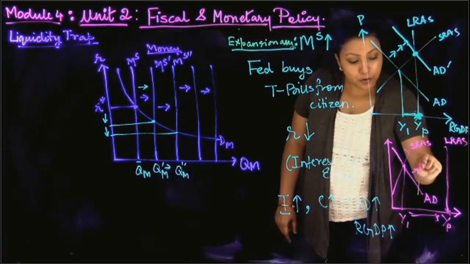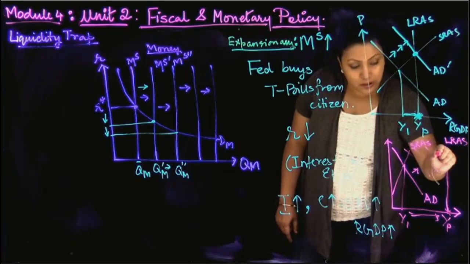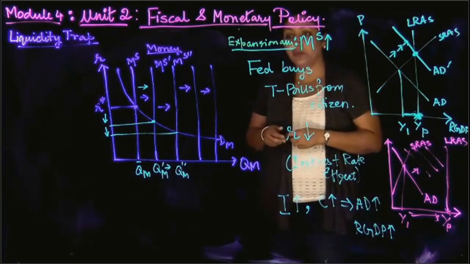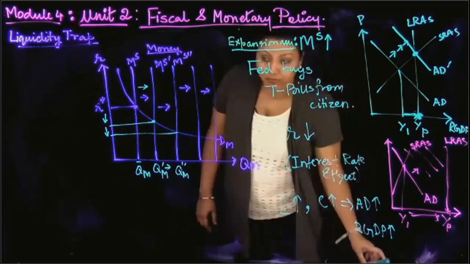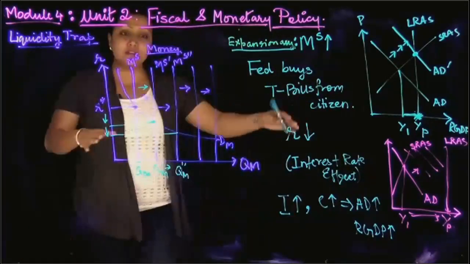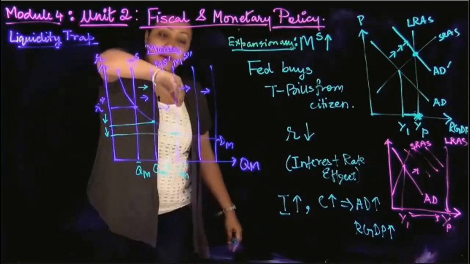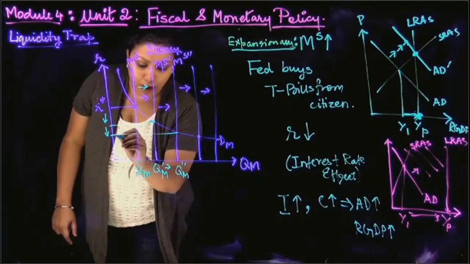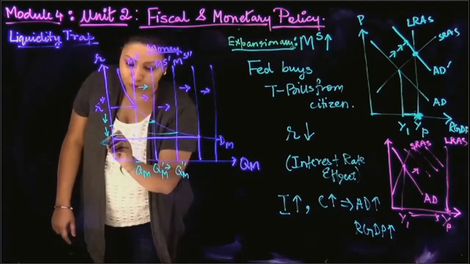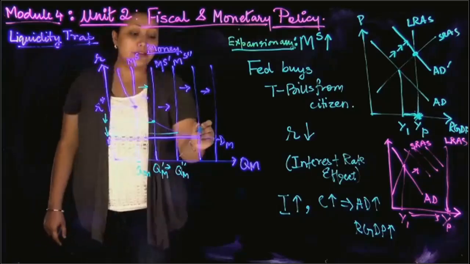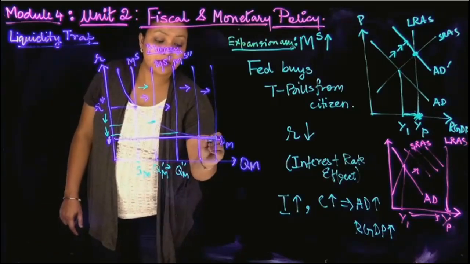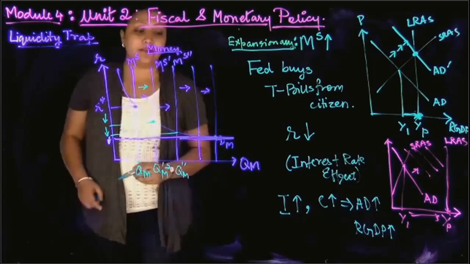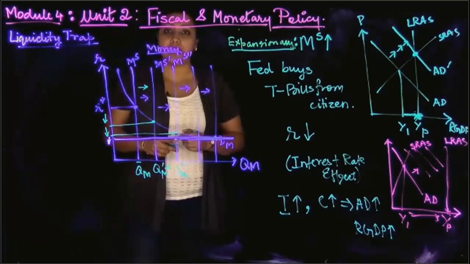Your AD curve moves rightward, but it's still not able to reach the long run equilibrium, because as the money supply keeps increasing, the rate of interest will keep falling, but there will eventually be a time when this rate of interest becomes stagnant. The rate of interest does not drop anymore.